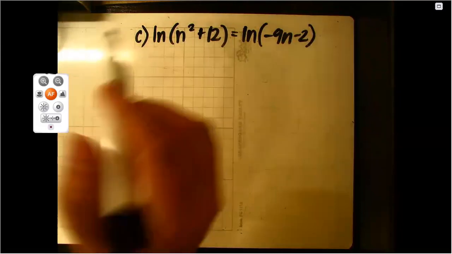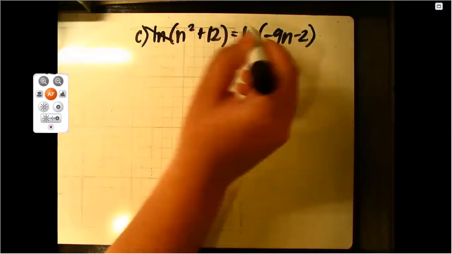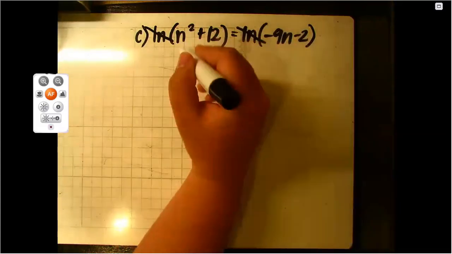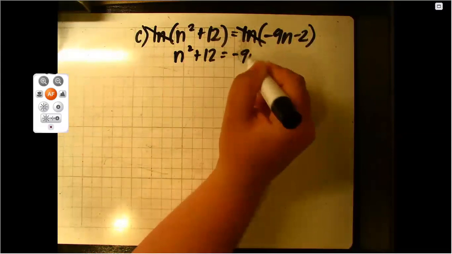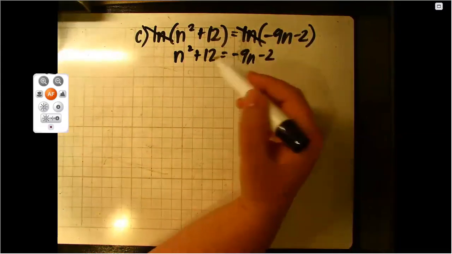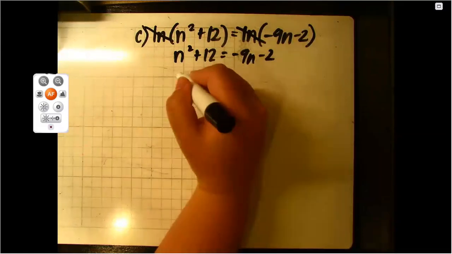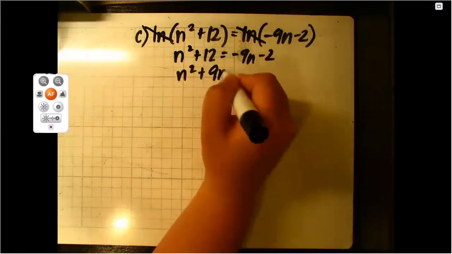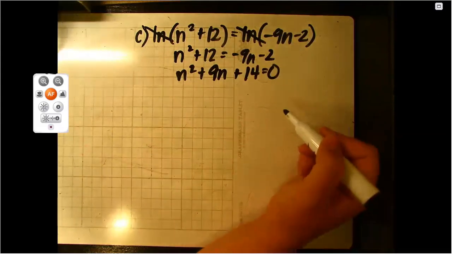All right, so here I have natural log of something equals natural log of something, so my somethings got to be the same. So I can get rid of my natural log. And this one looks a little different because now I've got a quadratic. So to solve my quadratic, I've got to set it equal to 0. So I'm going to add the 9 in and add the 2. And now this quadratic we can solve by factoring.